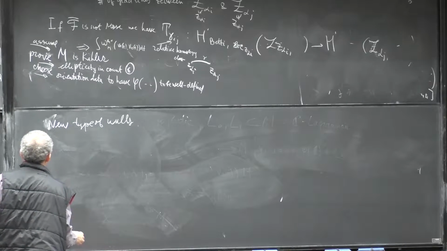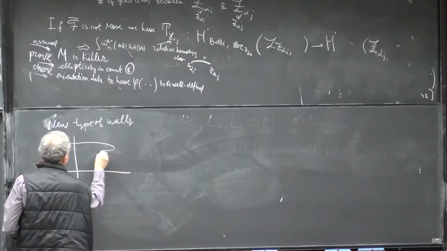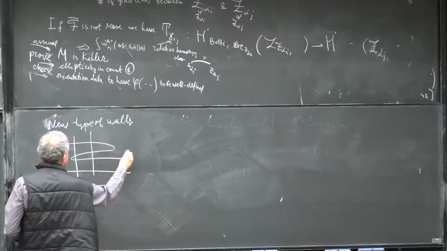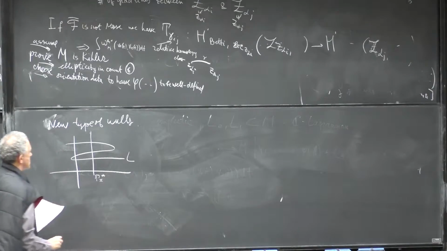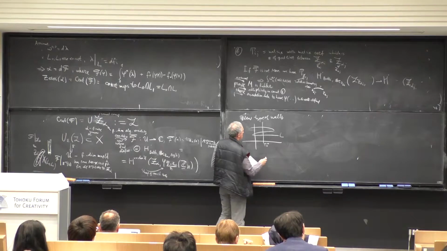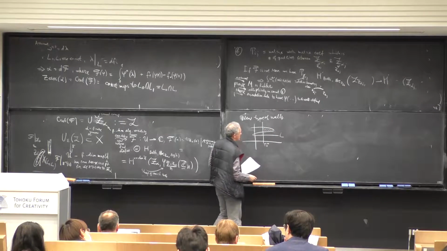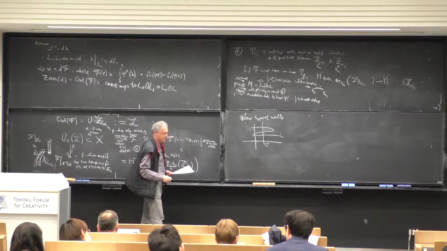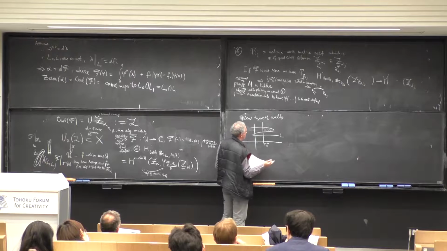So remember that when we discussed this Riemann-Hilbert story from the Fukaya point of view, we had Stokes rays on which something happened.